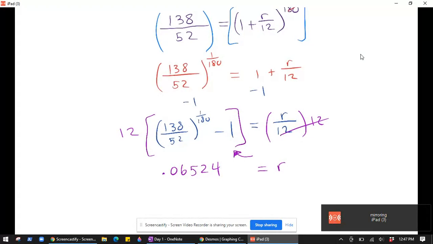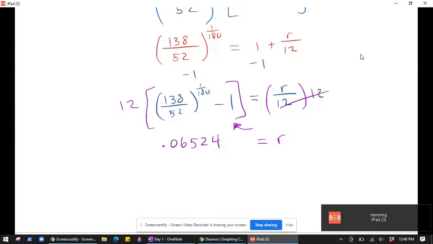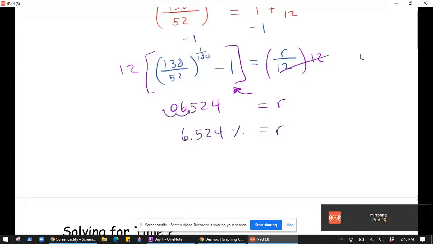Okay, so two things now. We're trying to get our answer to the nearest tenth of a percent. So we turn this into a percent. I'm going to move the decimal 2 spots. So that's 6.524%. And then I do the rounding. The rounding said to round to the nearest tenth of a percent.